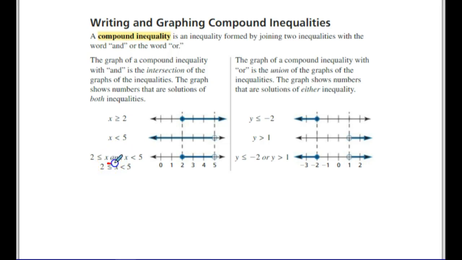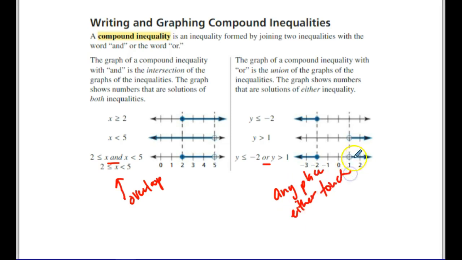So one thing we notice is we have that and or, our graphs look slightly different. So when we're talking about an and, we can graph each piece that we get, each solution and each part of the inequality, and we want to see where they overlap. So when I have the word and, that's where they overlap. Okay? So when I see the word or, that is any place that either of them touch.